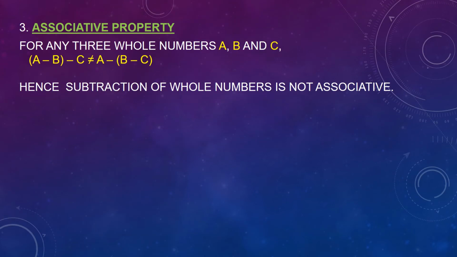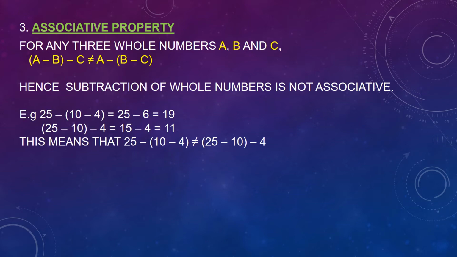Next property is associative property. For any three whole numbers a, b and c, (a minus b) minus c is not equal to a minus (b minus c). Hence, subtraction of whole numbers is not associative.